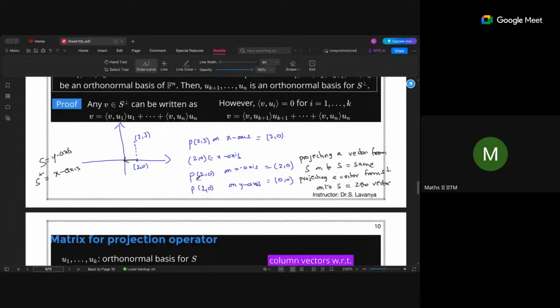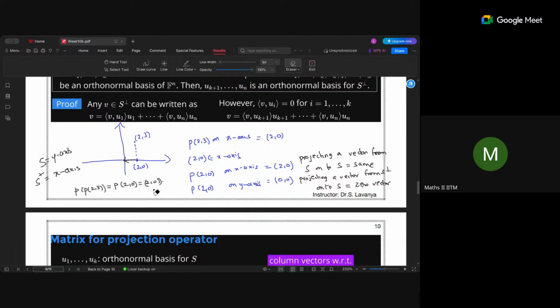There is another observation again from the same thing. P of (2, 0) is equal to (2, 0). But (2, 0) is P of (2, 3). So P of (2, 3) is (2, 0), and P of (2, 0) is again (2, 0).